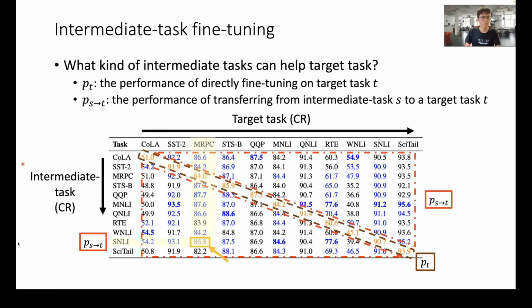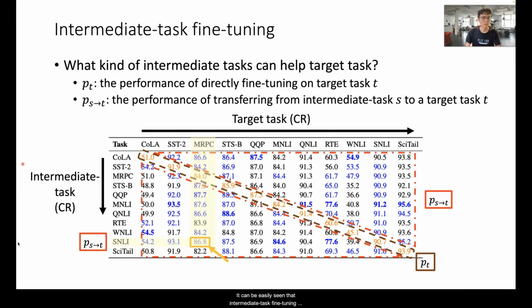For example, this element is the performance of using SNLI as the intermediate task and further fine-tuning on the target MRPC dataset. The performance of intermediate task transfer from task S to task T is denoted as PS2T. The numbers in blue indicate that there is a positive transfer, meaning that PS2T is higher than PT.